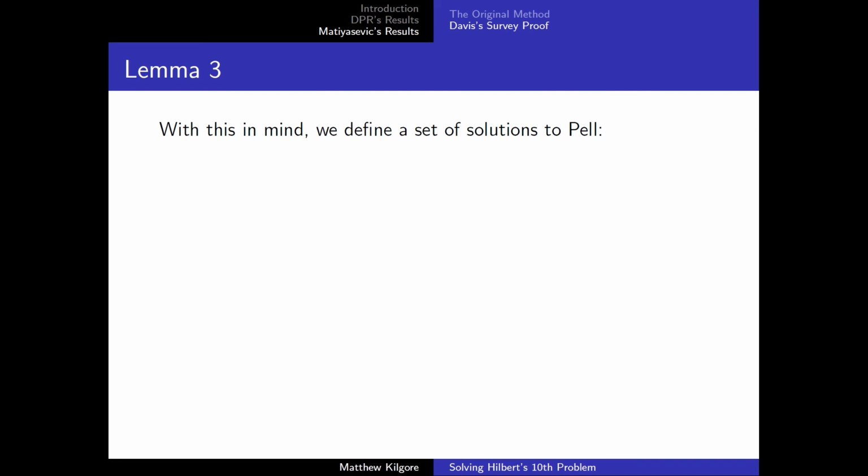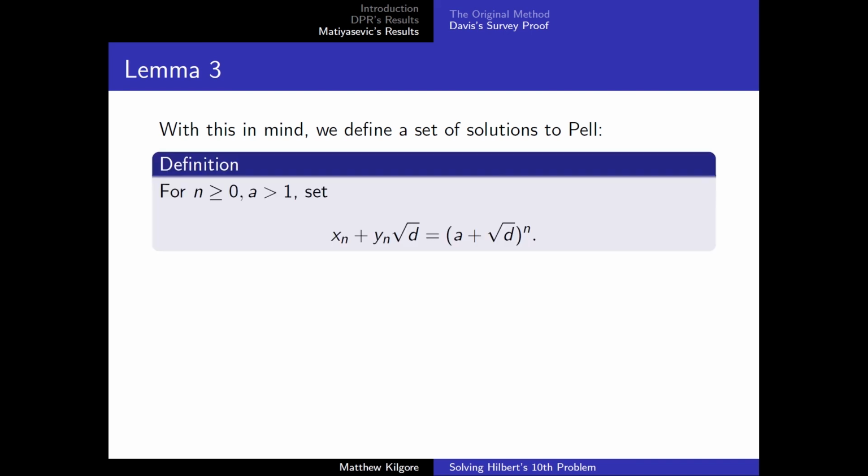With this in mind, we define a set of solutions to Pell. For n greater than or equal to 0, set x_n plus y_n root d equal to (a plus root d) to the n. Now, if you're wondering why we have to specify a, that's because in the original paper, x_n and y_n are functions of a, not solutions.